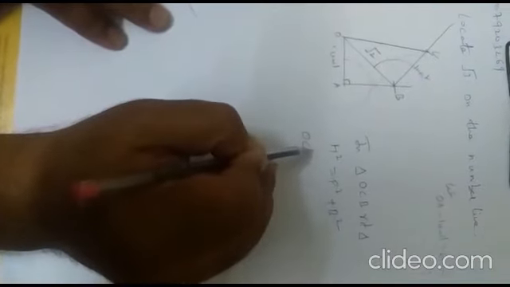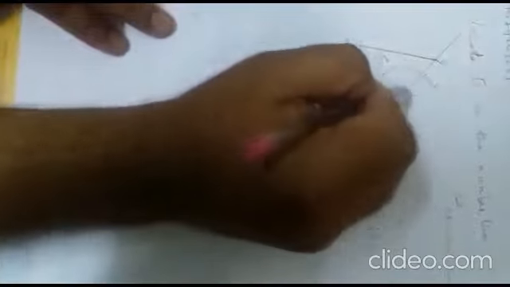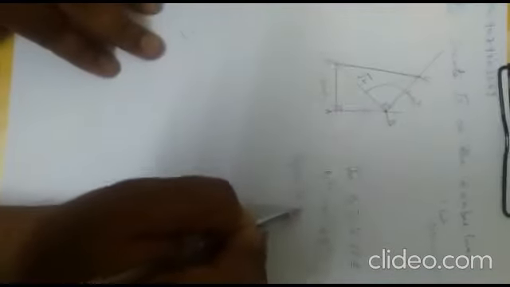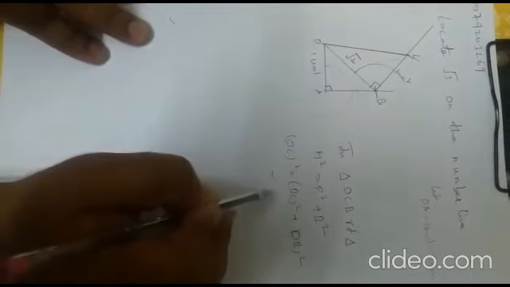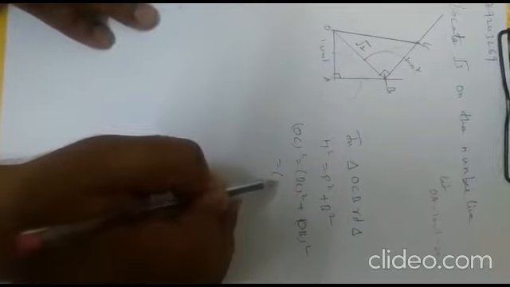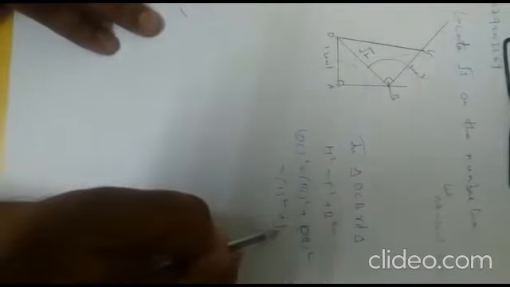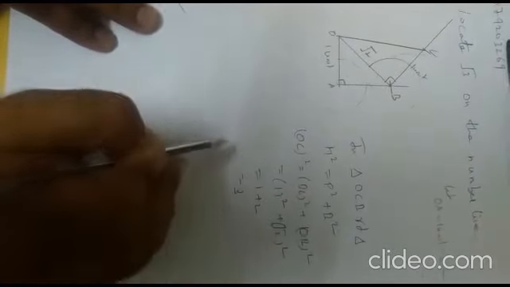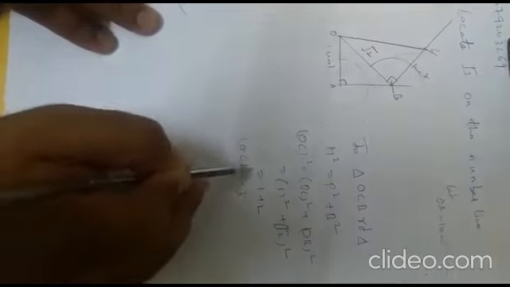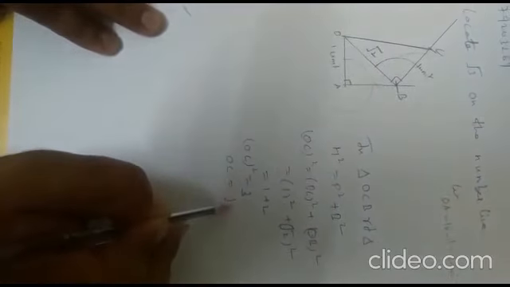So OC square is equal to perpendicular BC square plus base OB square. 1 square, that is BC is 1, plus OB is root 2 square, that is 1 plus 2 is equal to 3. OC square is equal to 3, so OC is equal to root 3.